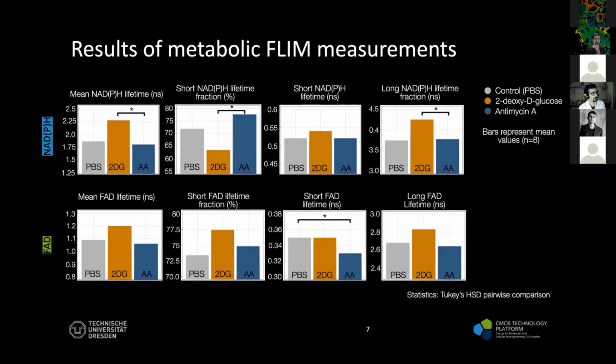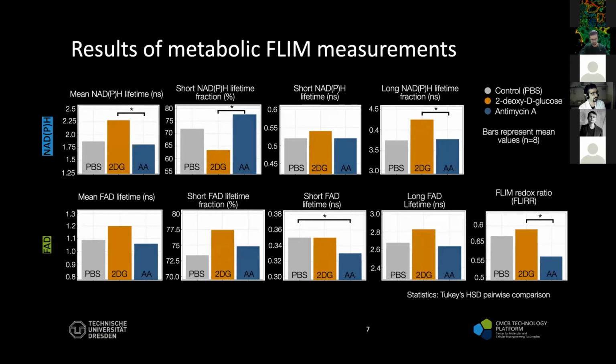So this is just to summarize one example of measurements one can do, or one can also use to test the system, or also to get to know the sample or tissue you're planning to study and investigate. Again, showing you now the combination of NADH or NADPH and FAD as the FLIM redox ratio.